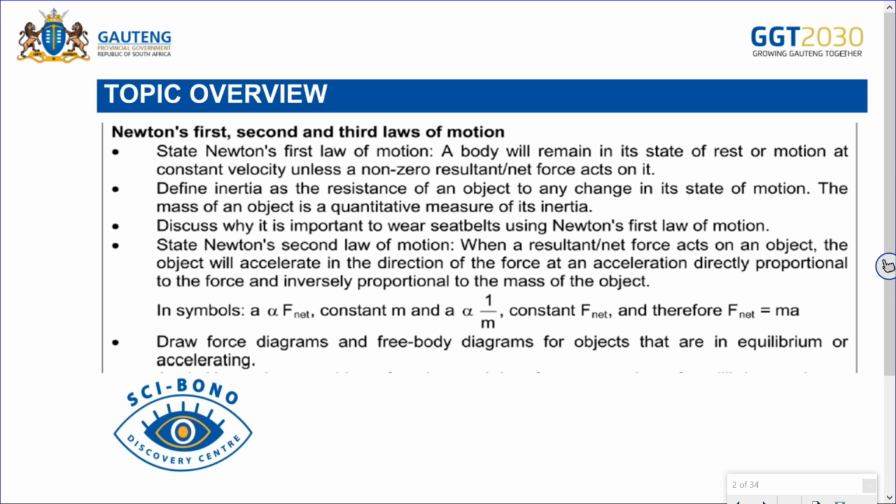And then also define inertia as the resistance of an object to any change in its state of motion, and then discuss why it is important to wear seat belts using Newton's first law of motion, and also state Newton's second law of motion: when a resultant or net force acts on an object, the object will accelerate in the direction of the net force, and acceleration is directly proportional to the force and inversely proportional to what? To the mass of the object, right?